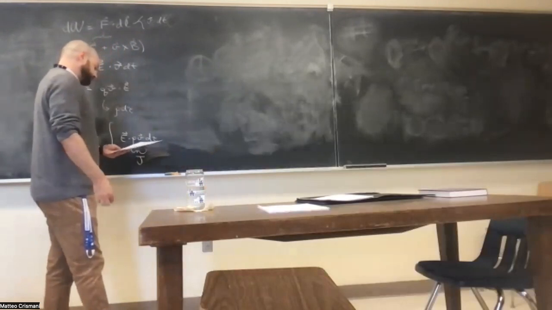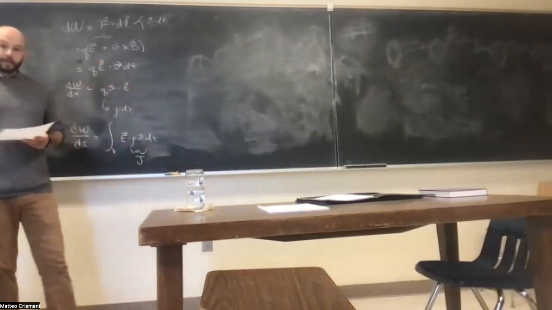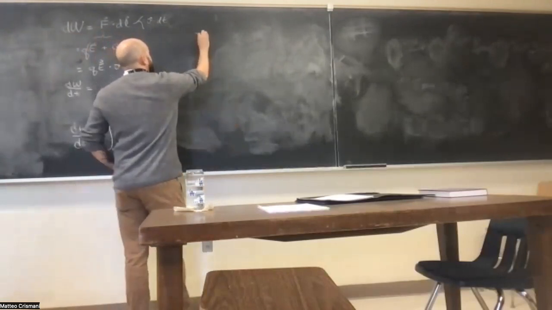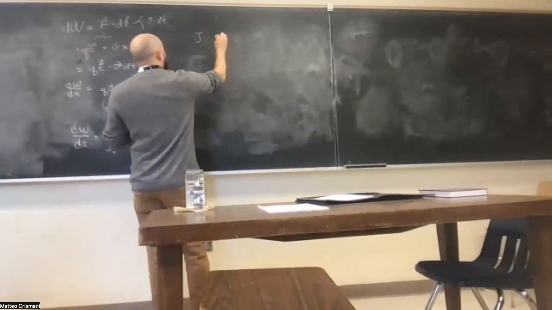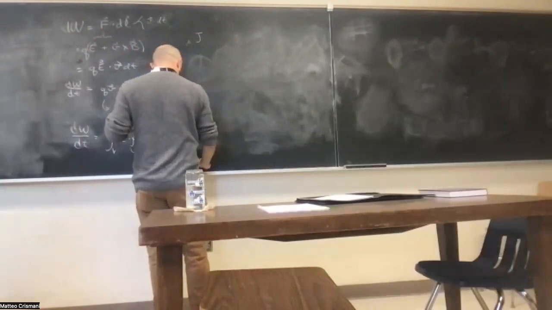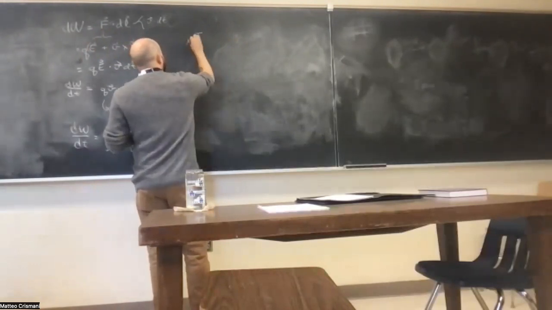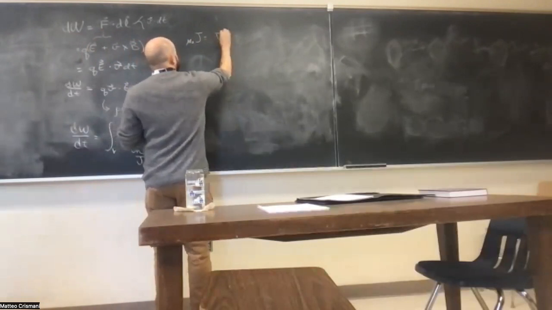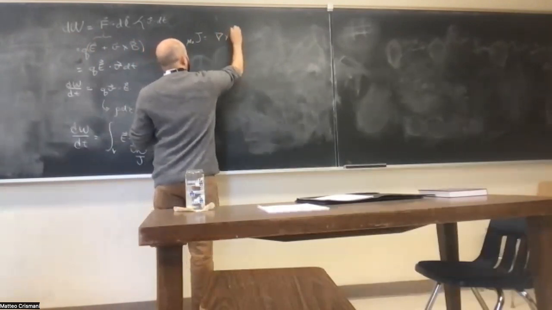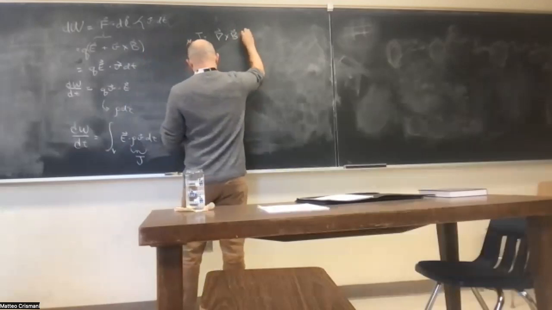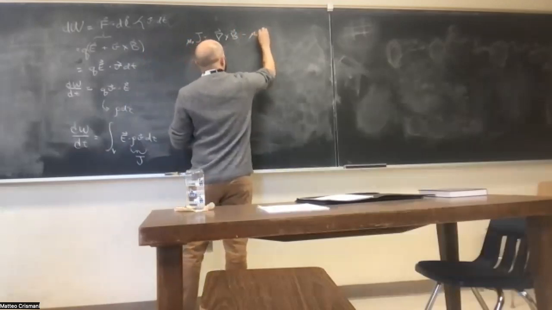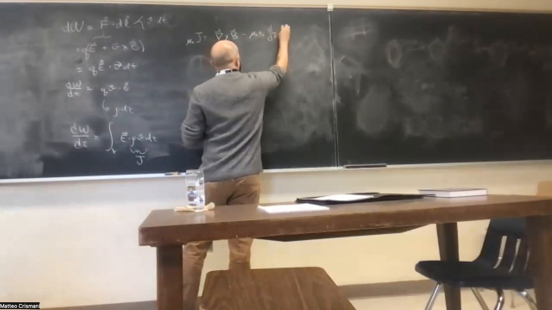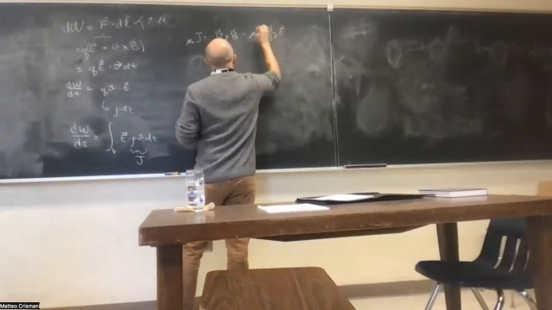Okay. So now we can make this particularly complicated. We said earlier that mu naught J could be written as del cross B minus mu naught epsilon naught dE/dt.